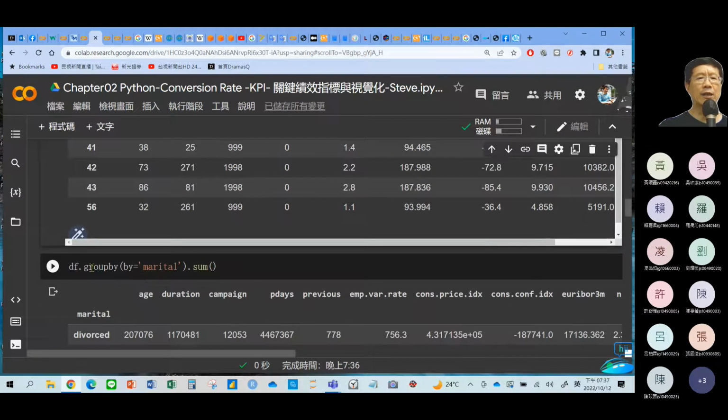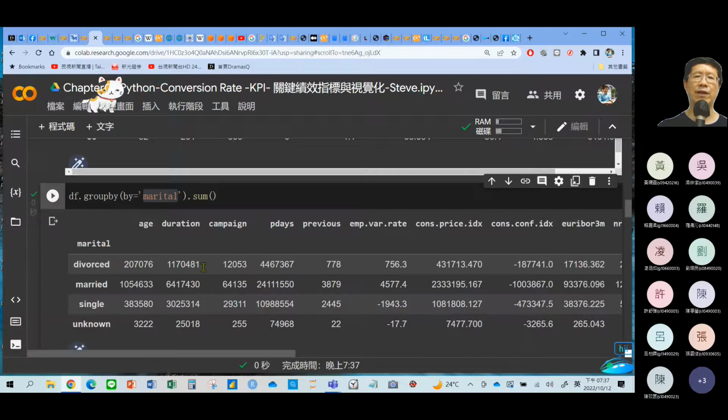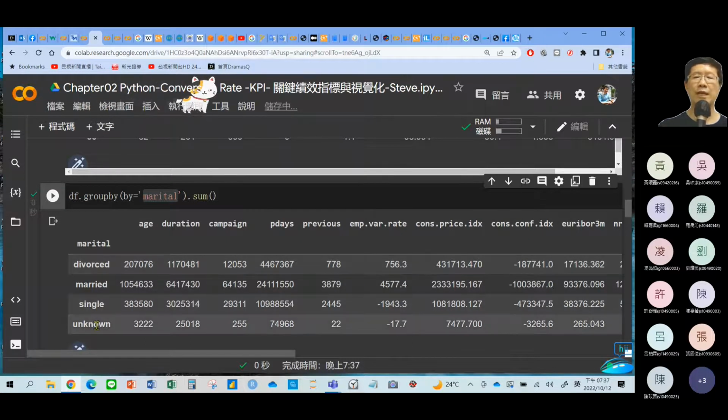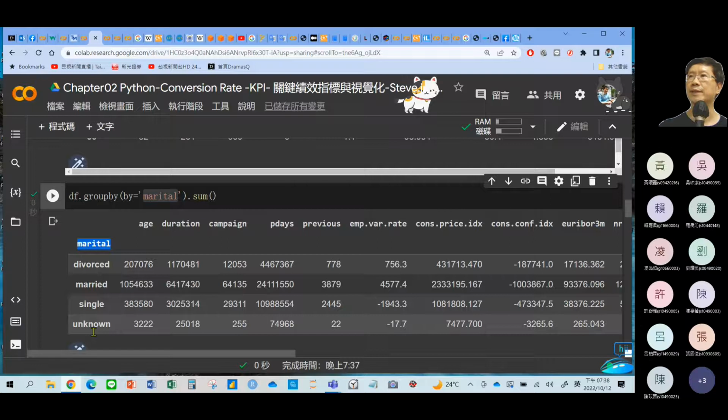Also, we can group by marital, the marital status. 我们的婚姻状况。 Okay, so there are only 1, 2, 3, 4 categories for marital status. 在婚姻的状况里面只有4个类别。So we group by these 4 categories.